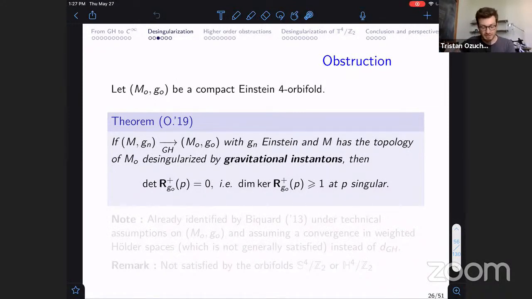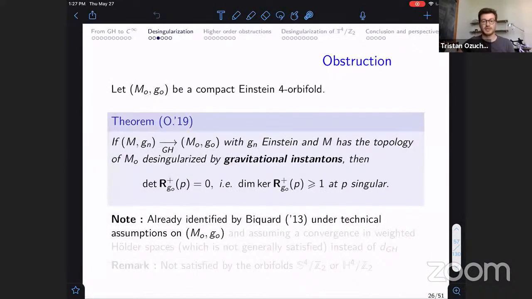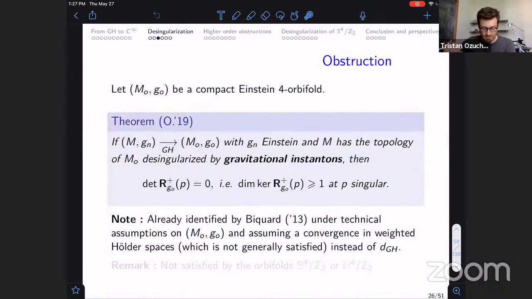That's our obstruction here. And this is an obstruction that was already found by Biquard in 2013. But he needed a few things. He needed some assumptions on the M_0, g_0, so I'll come back to them later. And what's more concerning is that he needed a convergence in some non-natural weighted order spaces. He required this to have an obstruction result. And usually this is not satisfied, and it's much better to have it with only a Gromov-Hausdorff convergence like here.